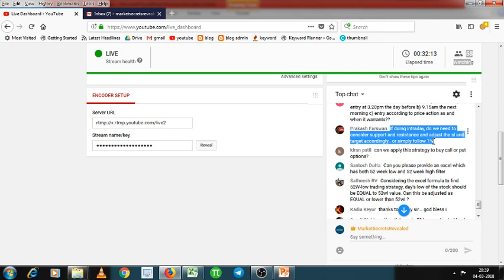So if you have already calculated an entry level, or you are waiting for a small bit of drop, and that particular drop area matches with the pivot support or resistance, then you can very well enter at that particular level. So by default, your entry will be one of the support levels. If you are going long, that particular support will hold. That would be the safe thing to do.